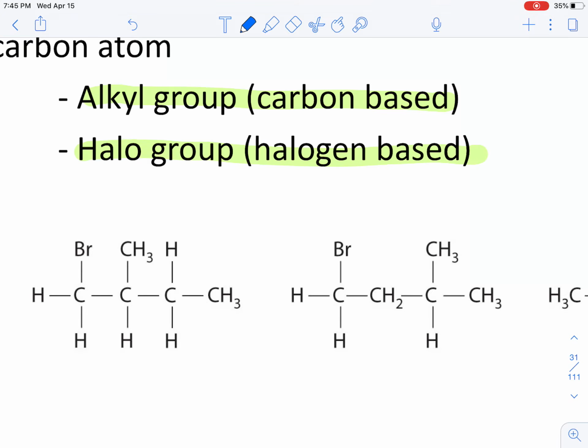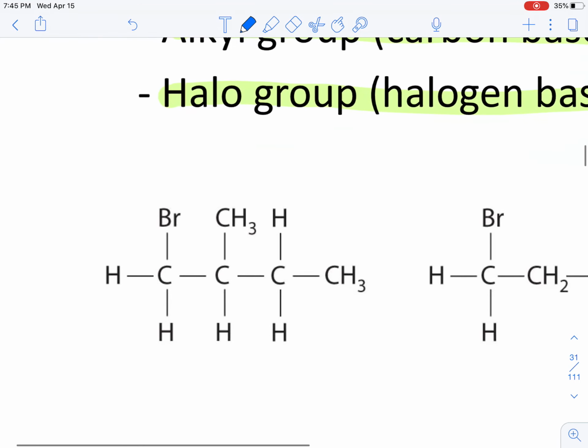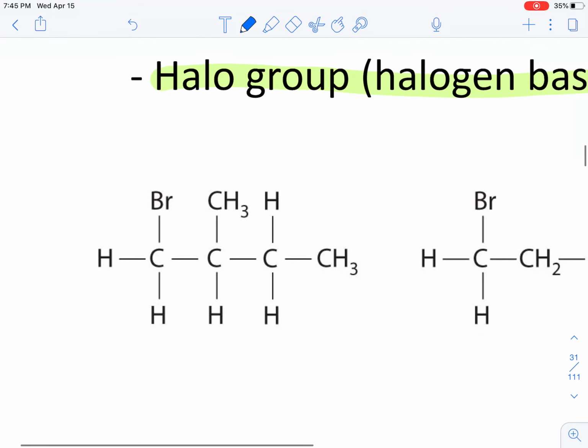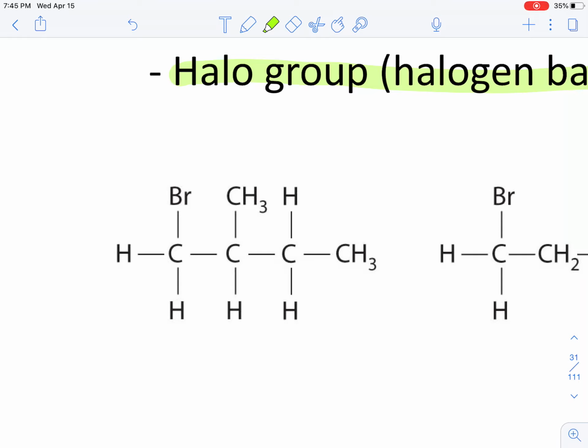Let's look at this image on the left-hand side. This is somewhat of the expanded structure, kind of like a hybrid between expanded and condensed. If you look at the structure, the carbon chain that's the longest with the consecutive number of carbons is considered your parent chain. This carbon is connected to this carbon, which is connected to this carbon, which is connected to this carbon.